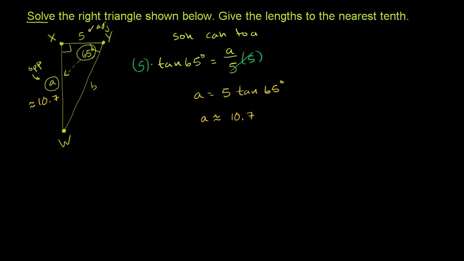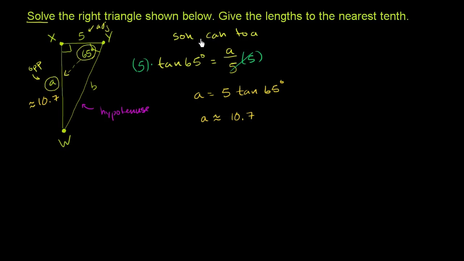So this length B is the length of the hypotenuse. So this side WY is the hypotenuse. And we can decide what trigonometric ratio we want to use. We could use opposite and hypotenuse. We could use adjacent and hypotenuse. Since we know that xy is exactly 5, and we don't have to deal with this approximation, let's use that side. So what trigonometric ratios deal with adjacent and hypotenuse?